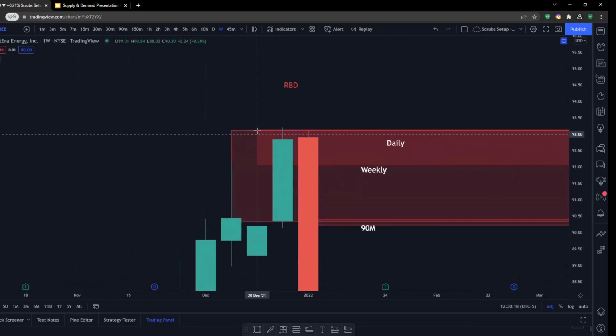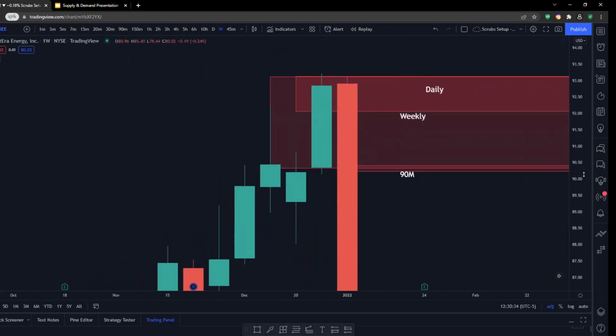So as you can see here, the supply area on the daily is a lot smaller than the supply area on the weekly, right?